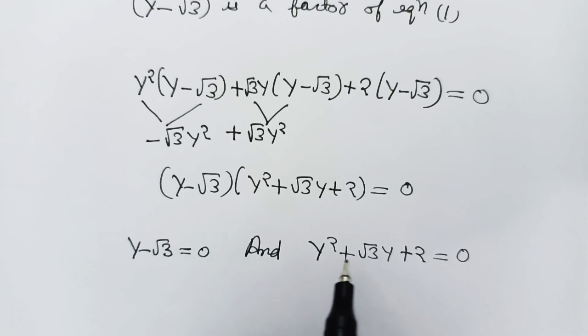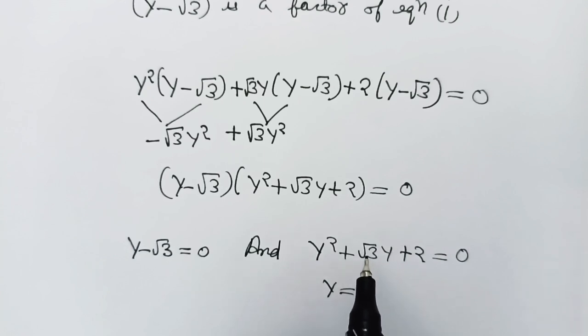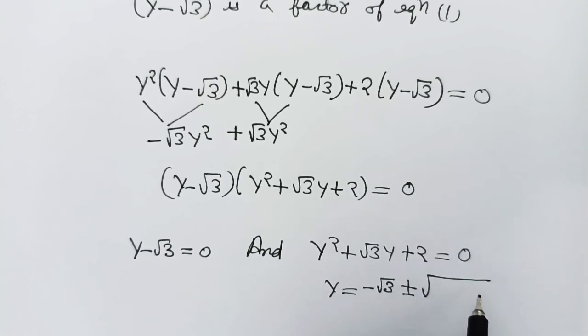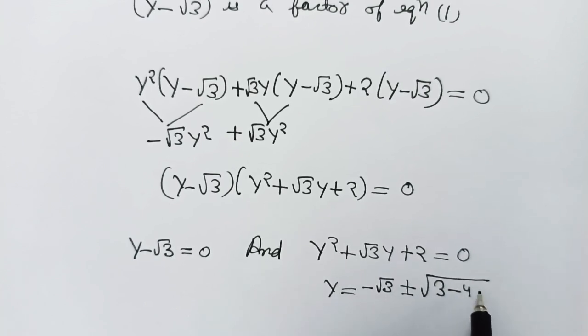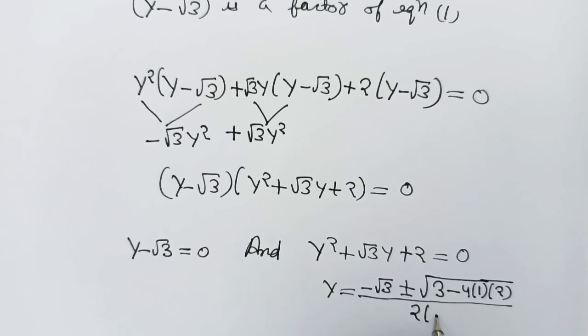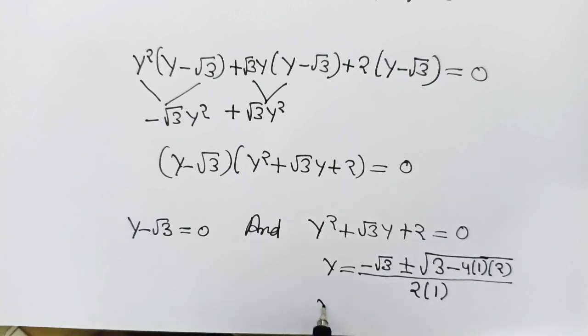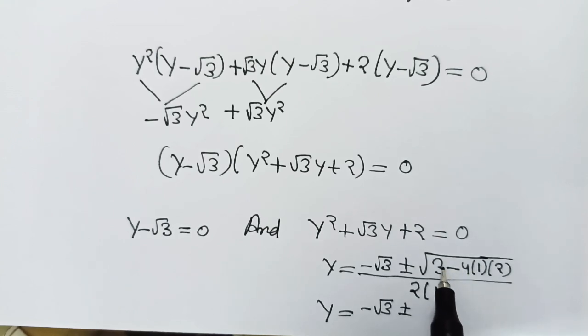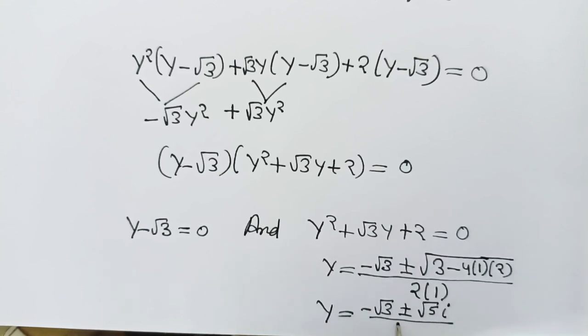From this part, as this is a quadratic equation, y will be equal to minus b, and here the value of b is square root 3, so we have minus square root 3 plus minus the square root of b square minus 4ac. b square will be 3, minus 4, where a is 1 and c is 2, divided by 2a, where a is 1. By solving, we have y equal to minus square root 3 plus minus the square root of 3 minus 4 into 1 into 2, so we have square root of 5 iota divided by 2.